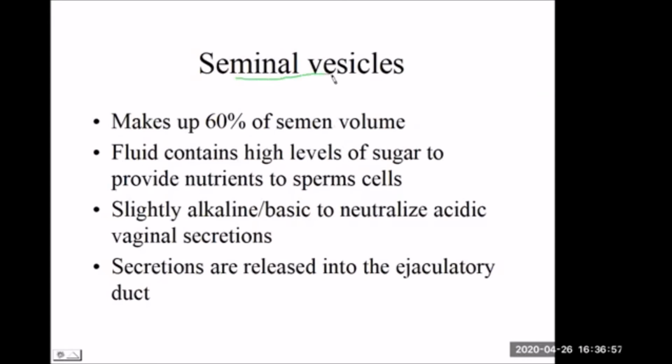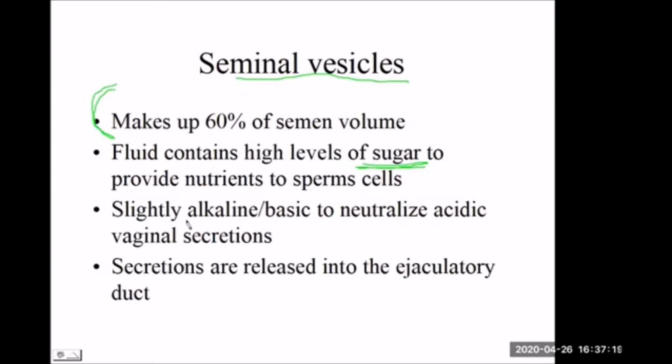Starting with the paired seminal glands, you notice they make up a larger proportion of the fluid. And this is the energy source as the sperm cells exit the male body, and the sperm cells can survive within the female reproductive tract for a few days.